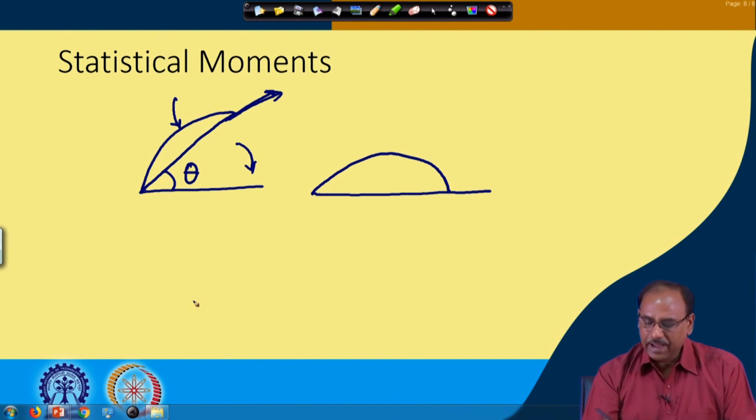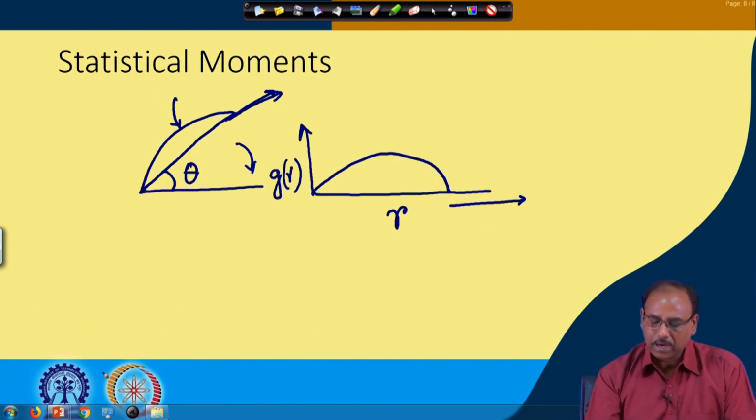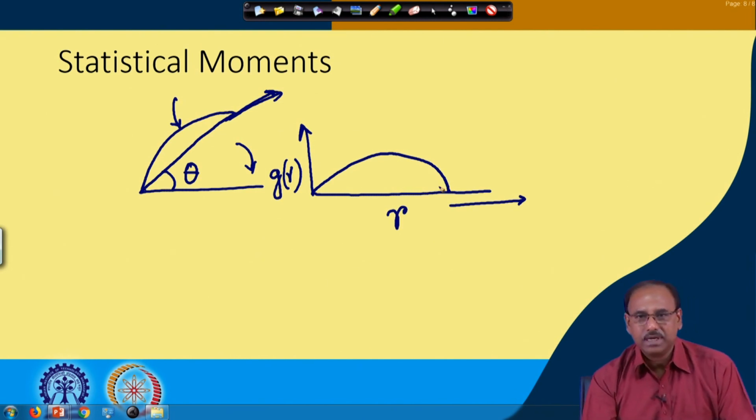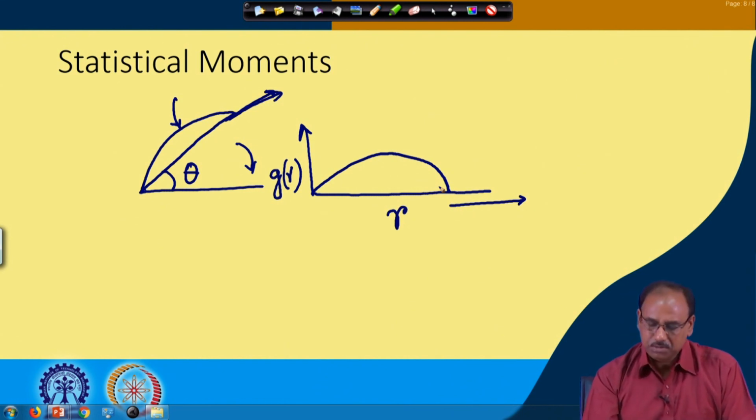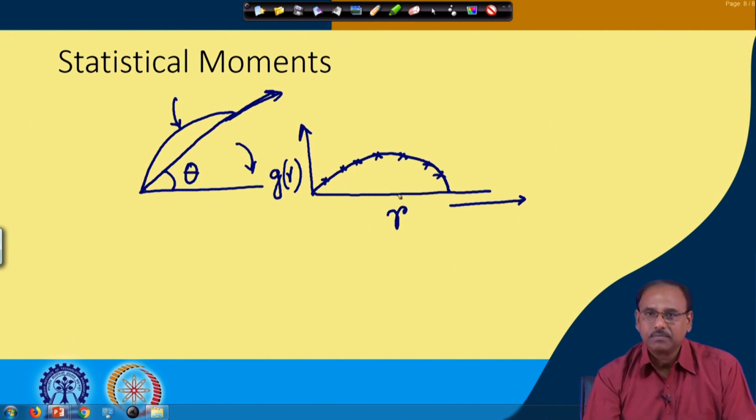Given this, I can represent it in the form of a function. So, I can put this as r, and this function can be represented as g(r). So, what I am doing is representing this boundary segment as a function g(r). Obviously, this will not be a continuous function, because as I said before, I actually have a set of discrete points on this boundary segment.